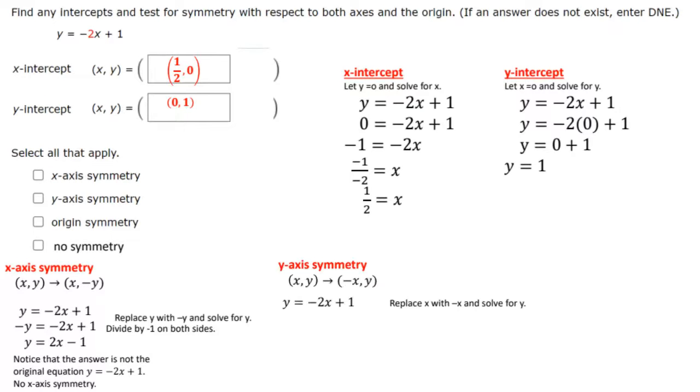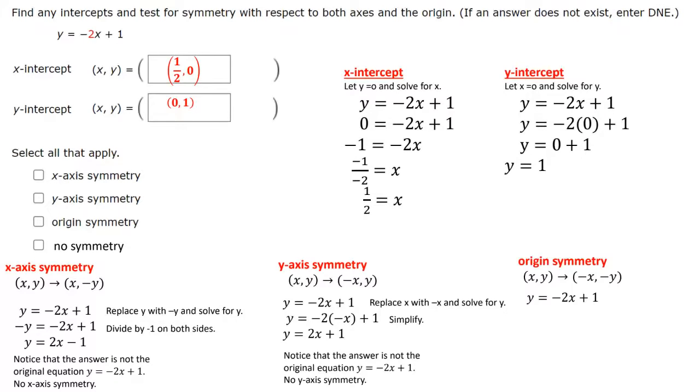If we want to check for the y-axis symmetry, we replace x with negative x, and we do the same thing. We simplify, and on this one as well, we get a different equation by changing the sign on the x. So this equation also does not have y-axis symmetry.